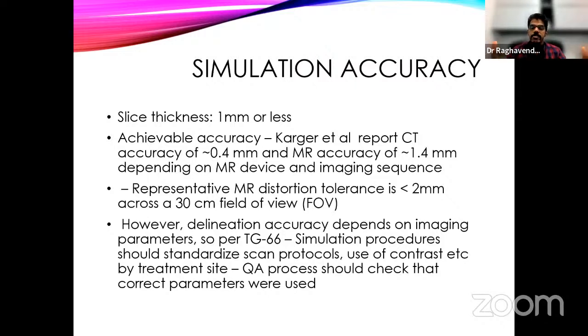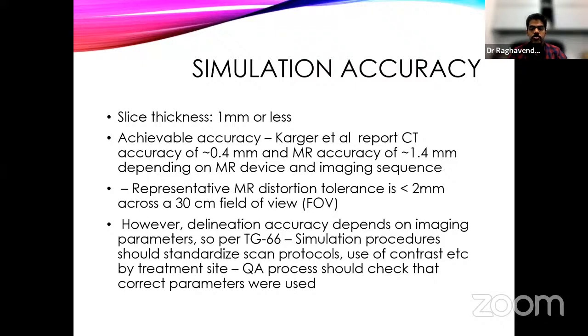If you are scanning a 300 mm field of view, you expect an error of about 2 millimeter in the MR image distortion. That depends on the direction of the magnetization, how you have applied it, whether the encoding has been done from left to right or anterior to posterior; based on that, the distortion varies. However, the delineation accuracy depends on imaging parameters.